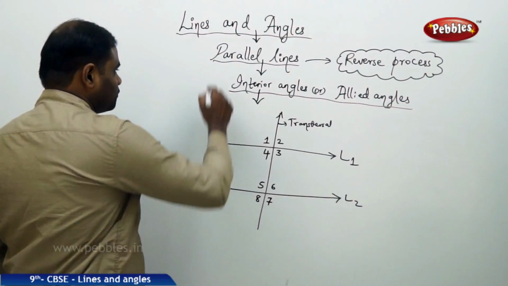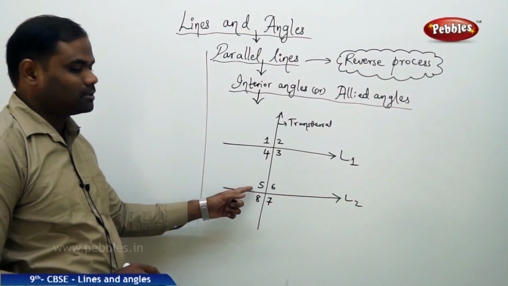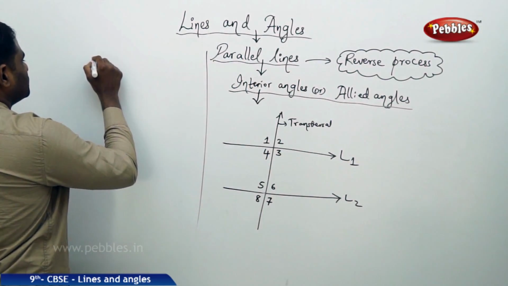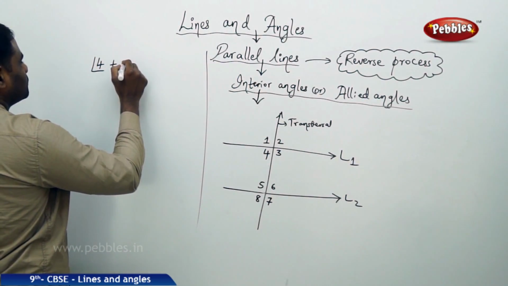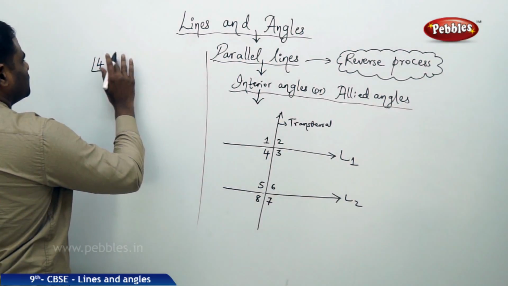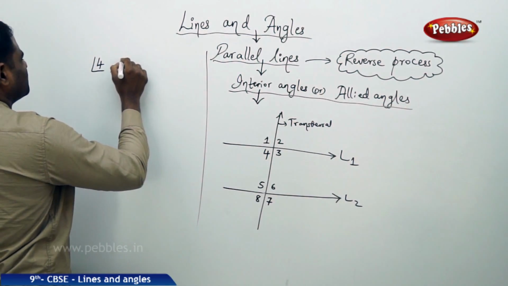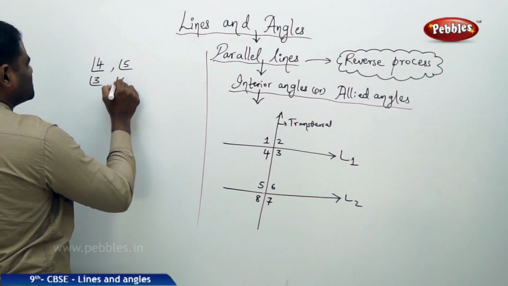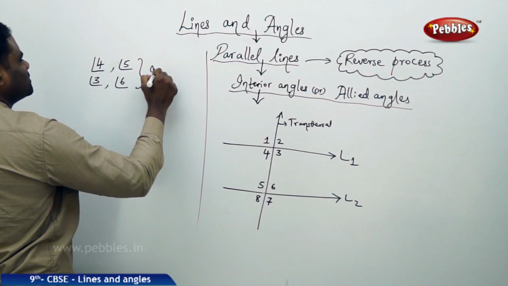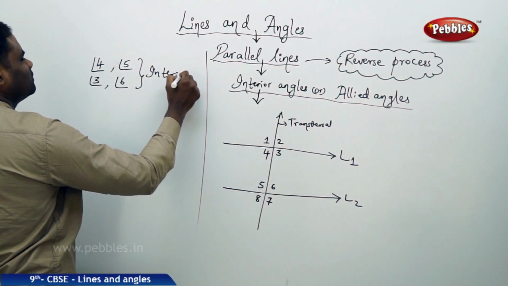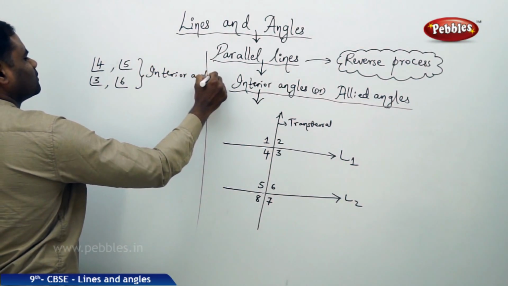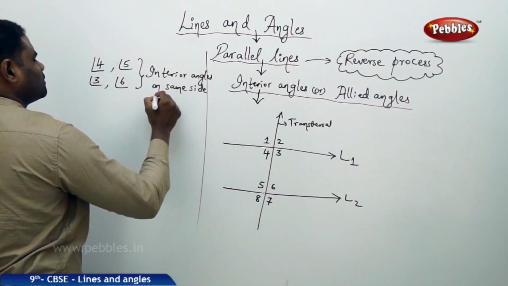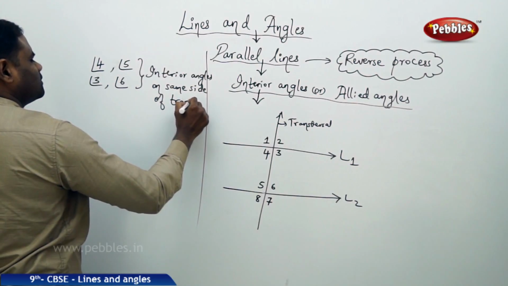Now we know that angle 4 and 5 are interior angles on the same side of transversal. Angle 4 and angle 5, and angle 3 and angle 6 are interior angles on the same side of transversal.